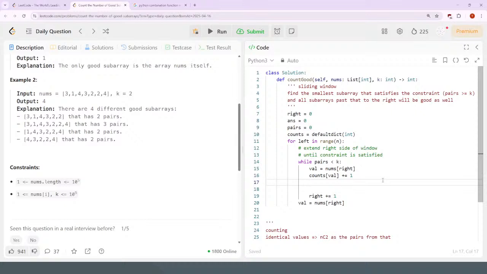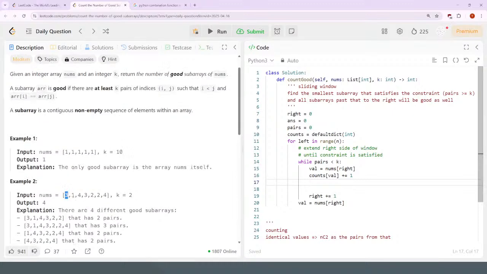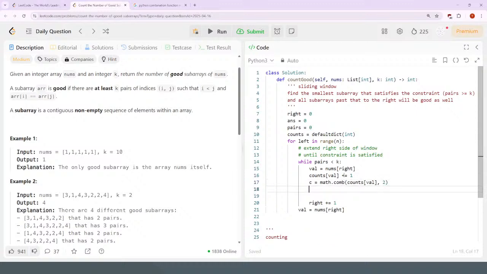So let's say that the new pair. So the first three is not really going to matter, but let's say it's something that actually creates some combination. It would be, let's say C is equal to math.comb of the counts of this value, choose 2.